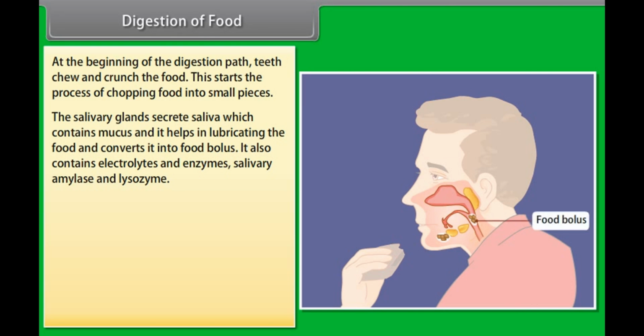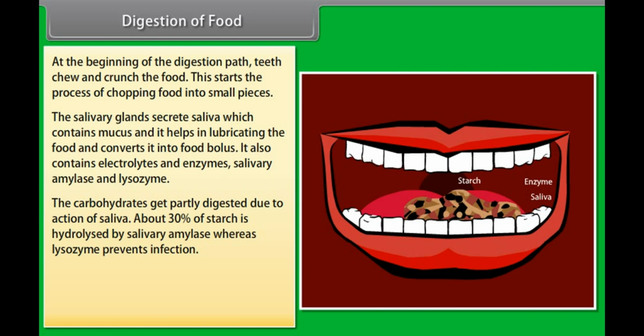It also contains electrolytes and enzymes, salivary amylase and lysozyme. The carbohydrates get partly digested due to the action of saliva. About 30% of starch is hydrolyzed by salivary amylase, whereas lysozyme prevents infection.